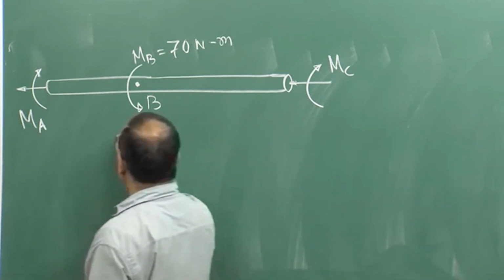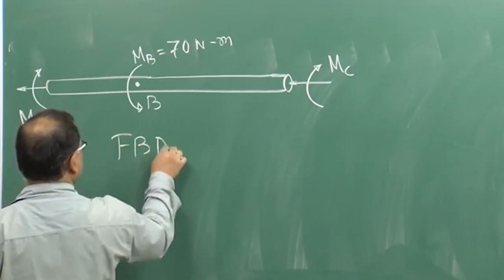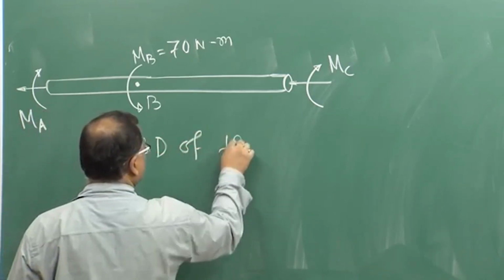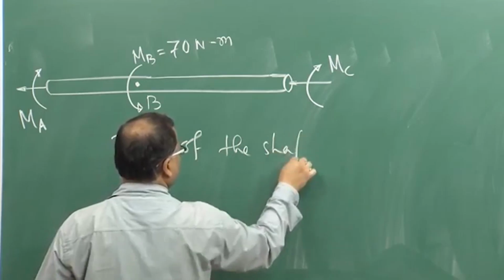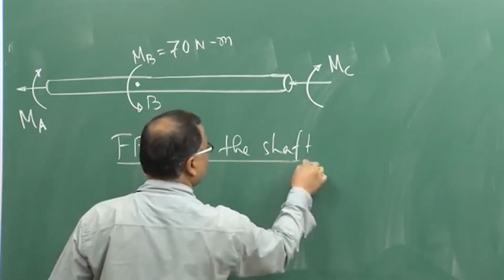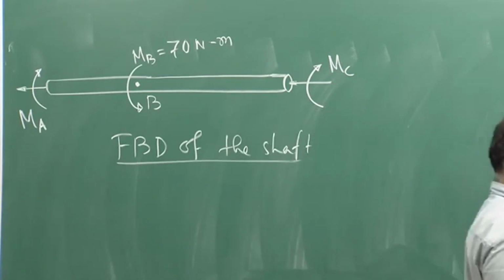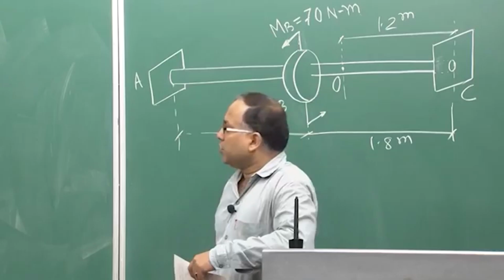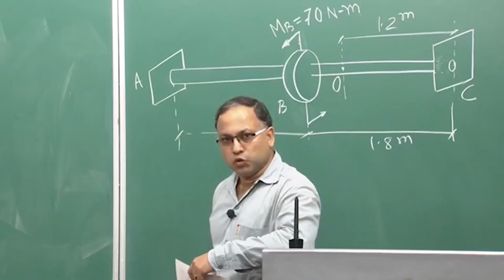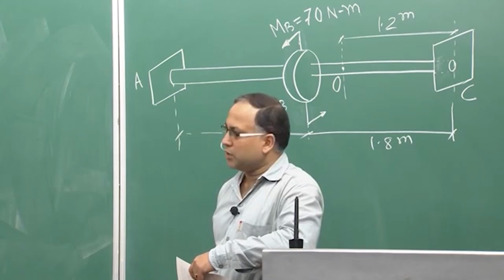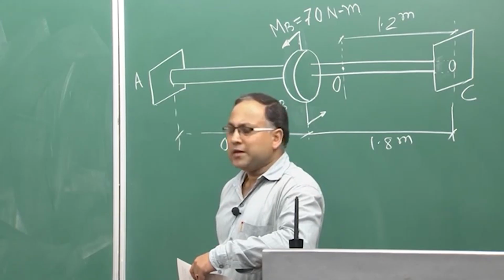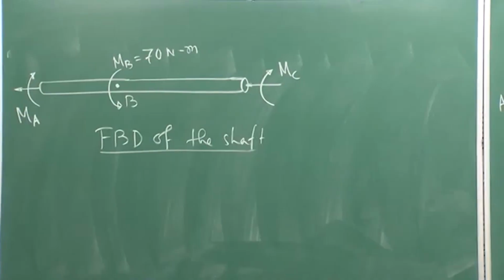This is your free body diagram of the shaft. How many unknowns are there? Two unknowns, MA and MC, both are unknown. Can you determine those two unknown moments? You cannot. Why? Because this is an indeterminate structure.